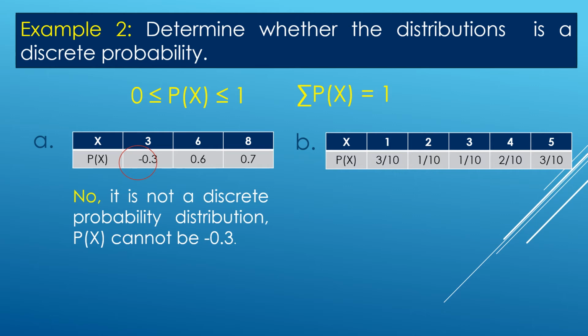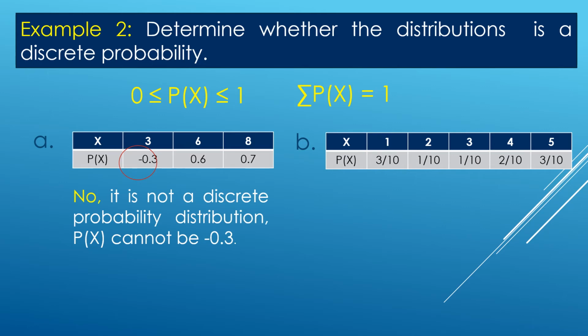Okay, so we have 3 over 10. Is this number in between 0 and 1? Yes. How about 1 over 10? Yes, also. How about 2 over 10? Yes, also. And how about 3 over 10? It is also yes. So it satisfies the second property.